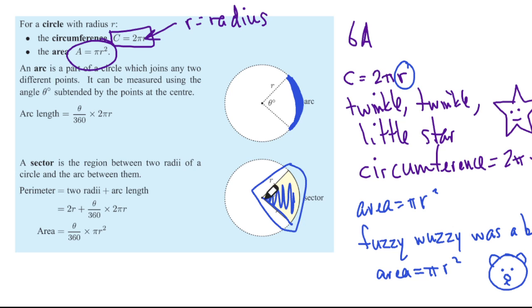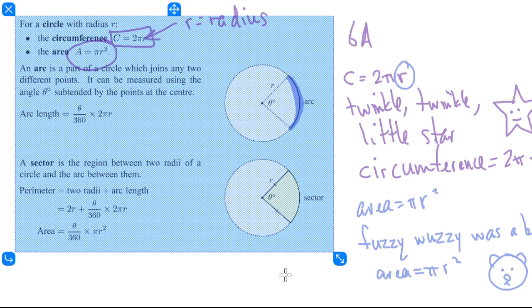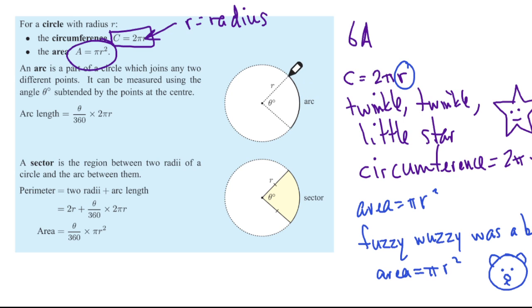If you cut a piece of pizza that looks like this, in math terms we would call that a sector of pizza, and the sector has a size. For pizza, the arc length is like the crust, and then the sector is the pizza itself.